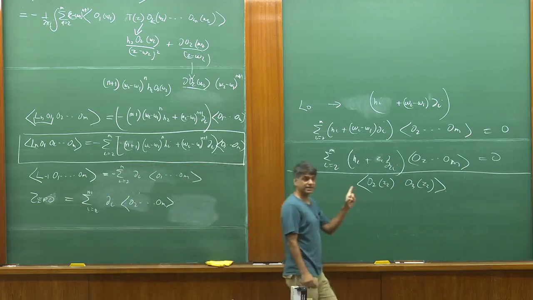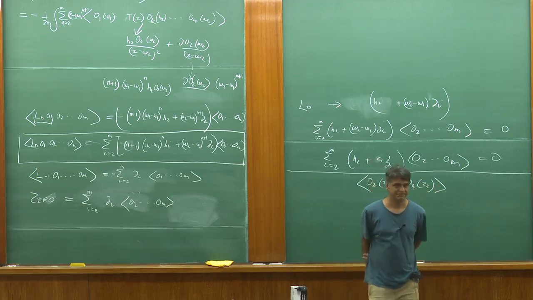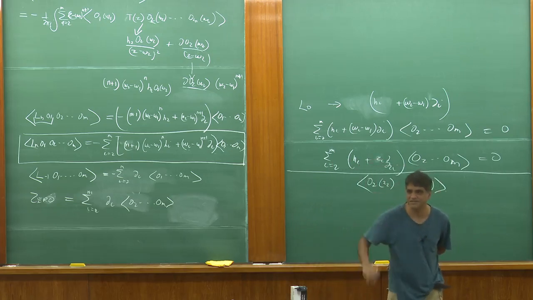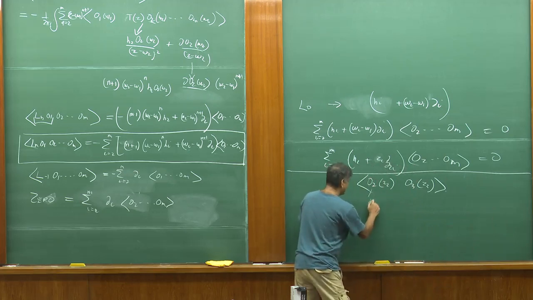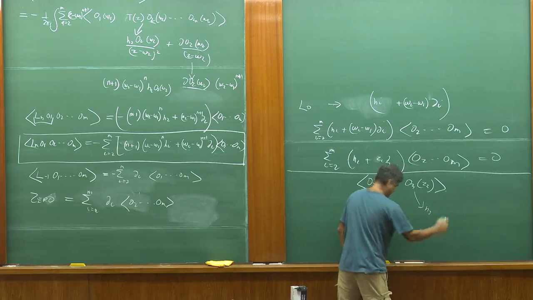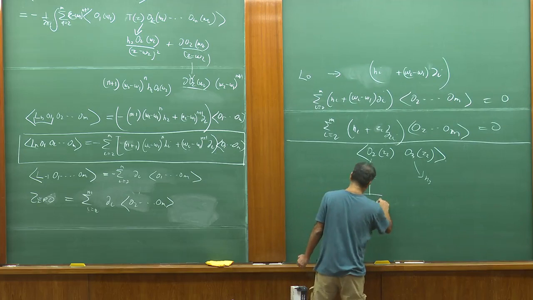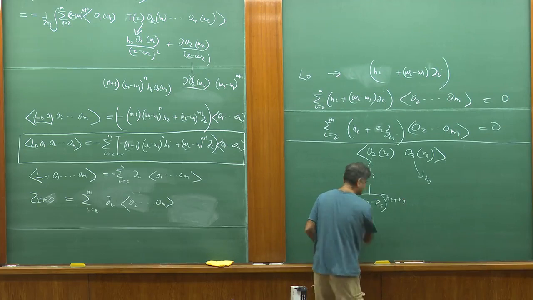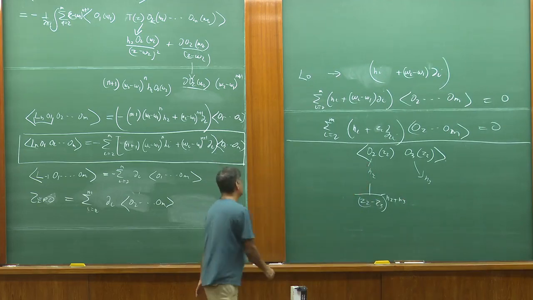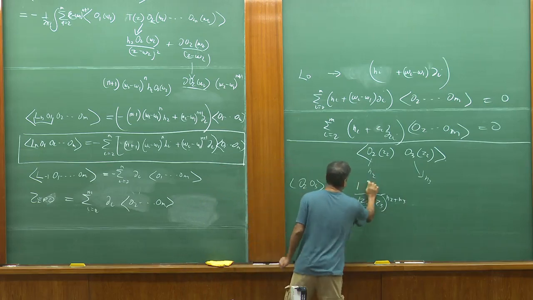First thing, the first equation has told us is that this guy is a function only of z2 minus z3, because the sum over del_i on it is equal to 0. Translation invariance. Second thing, let's say that this guy had dimension h2 and this guy had dimension h3. The homogeneity tells us that the function must be of the form z2 minus z3 to the power minus (h2 plus h3), times some number.